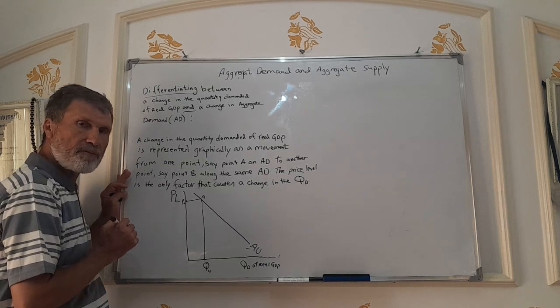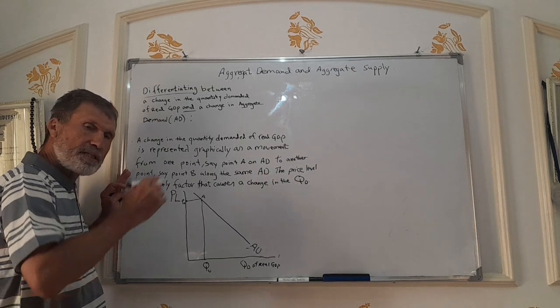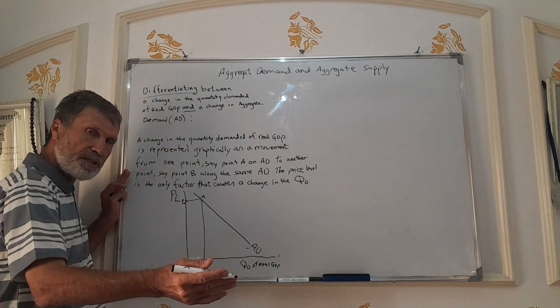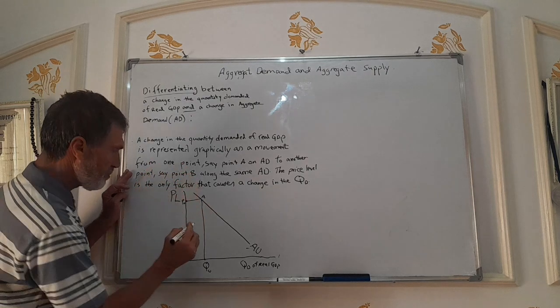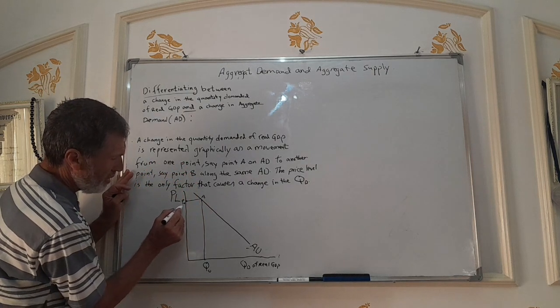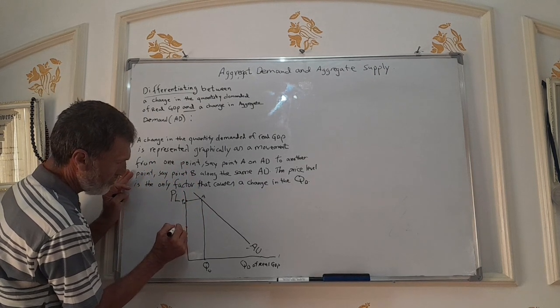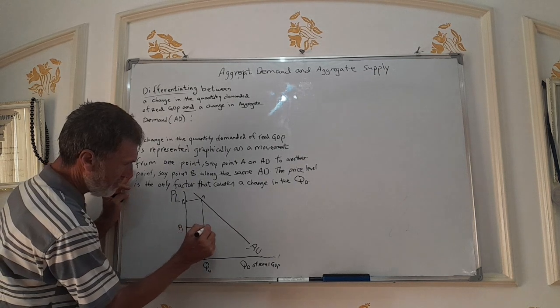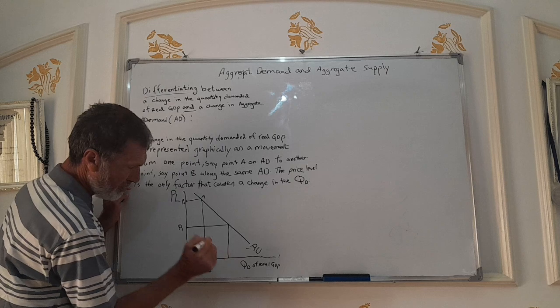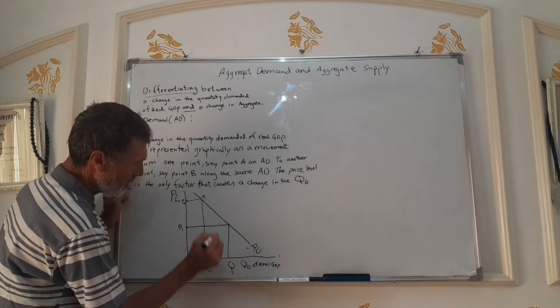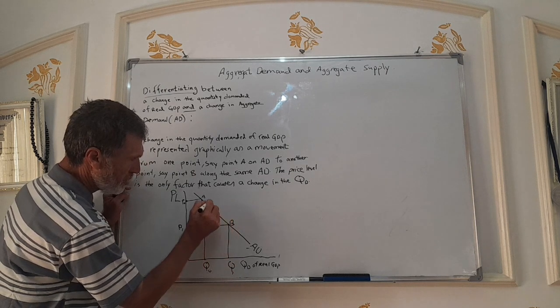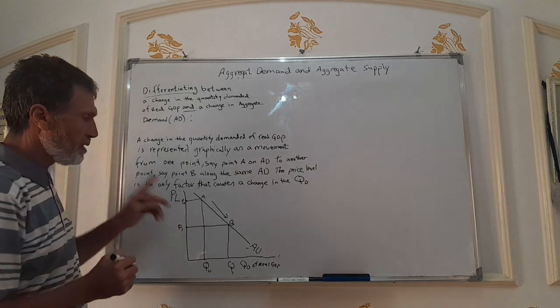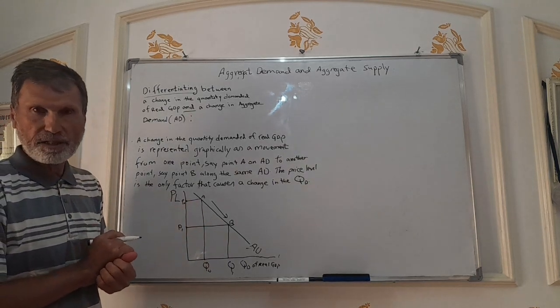Now, when the price level decreases to P1, the quantity demanded increases to Q1, at point B. So we have a movement along the aggregate demand curve.